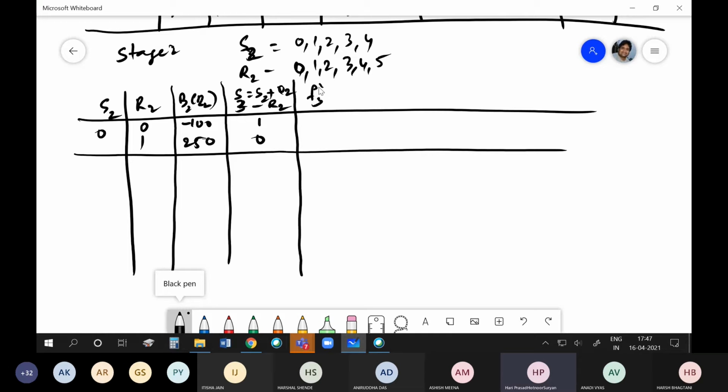So F3 star of S3, which we have got for 1. To get this, you have to go to the previous table. That is 960. This is F3 of S3. So 960 and another is 800.